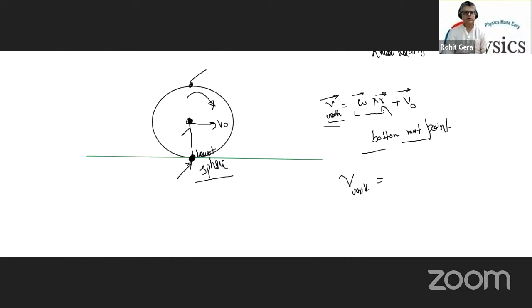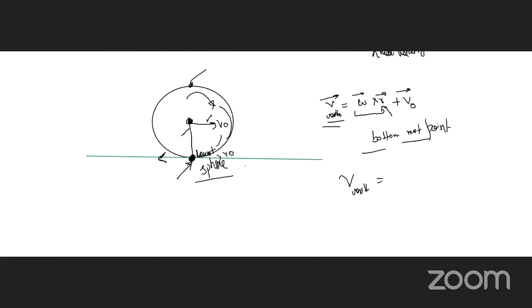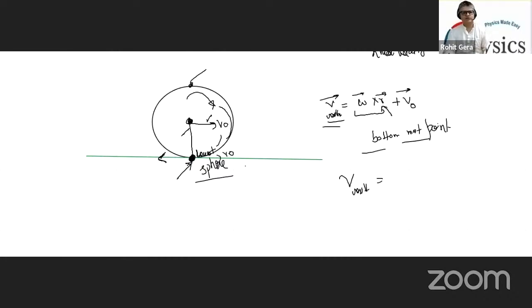If you're moving in a clockwise direction, your tangential velocity is in this direction. So the tangential component is leftward, but the linear component, which is the translational component here, is in this direction. So at the lowermost point, because of the tangential motion, omega r is leftward. This is the omega r part, and the right part is the linear part. Now, if v resultant is 0, which means omega r becomes equal to v naught at the bottommost point.